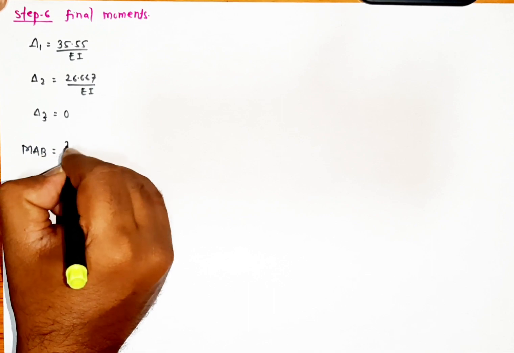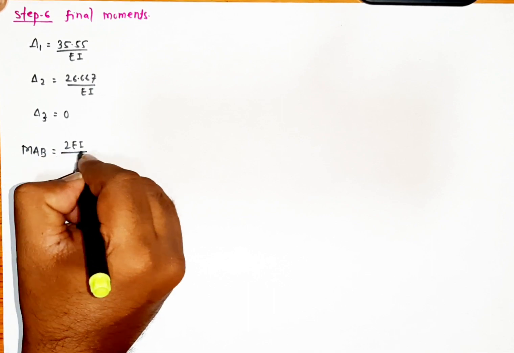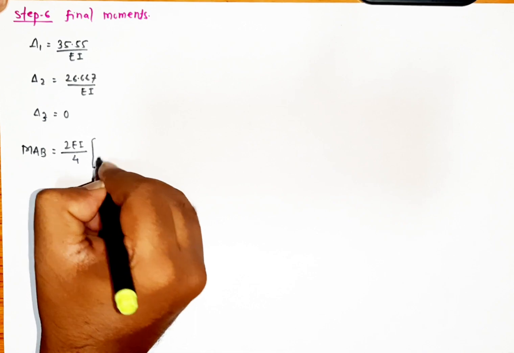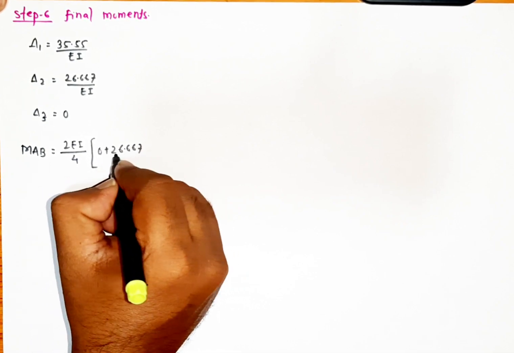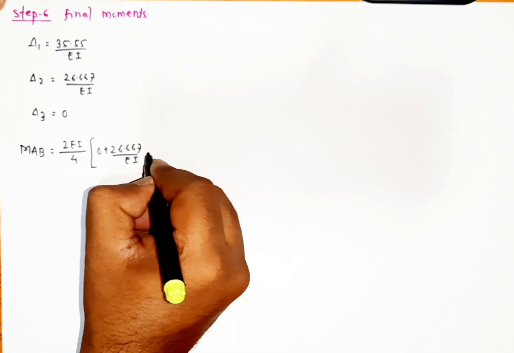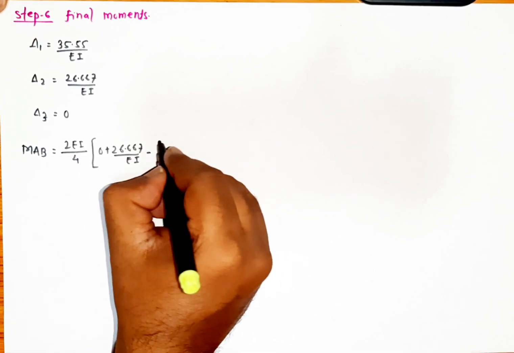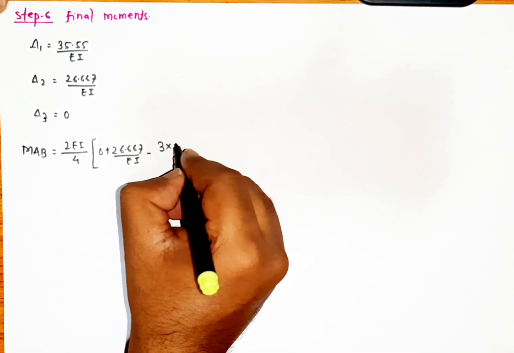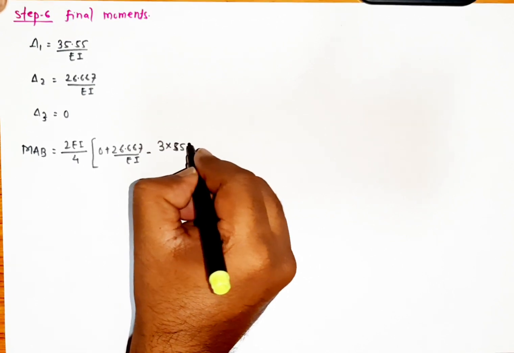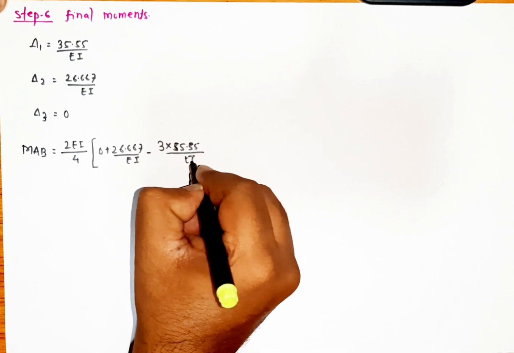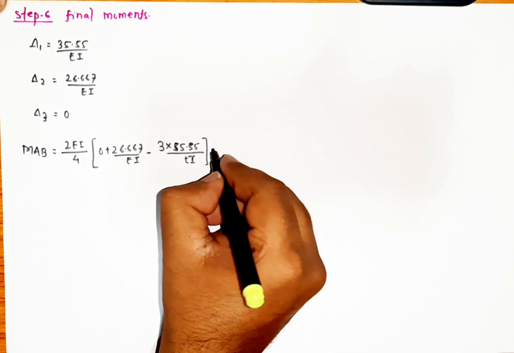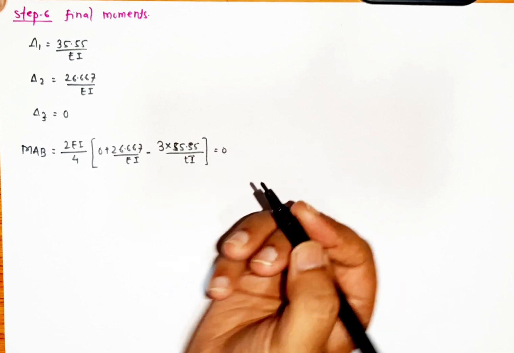MAB is equal to twice of EI divided by L is 4 into 0 plus 26.667 upon EI minus 3 into 35.55 upon EI. So ultimately the MAB will be 0.